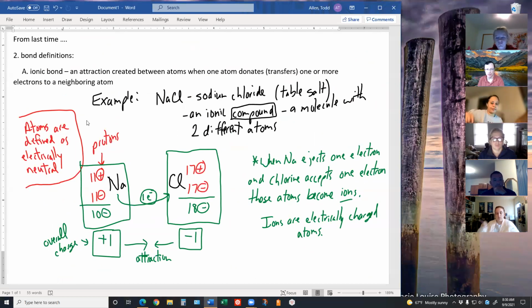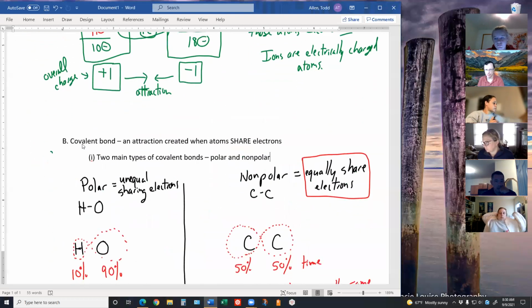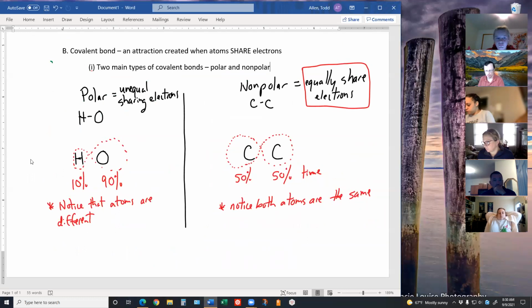Atoms are defined as electrically neutral. So that means, according to our theory, hydrogen should be neutral and oxygen should be neutral. But what's happening here is that the electron of hydrogen is spending most of its time around oxygen instead of around itself, around hydrogen.